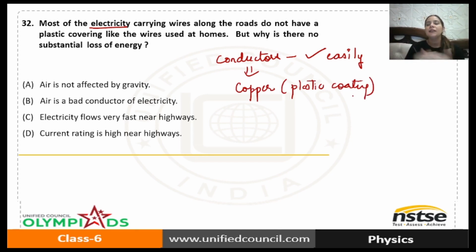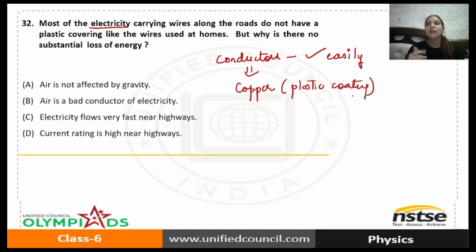The reason is that it prevents us from electric shock. If you touch the wires and they are naked, then you may get a shock. So obviously we need to cover them with plastic coating. But the wires along the roadsides are not covered, and still there is no loss of energy.